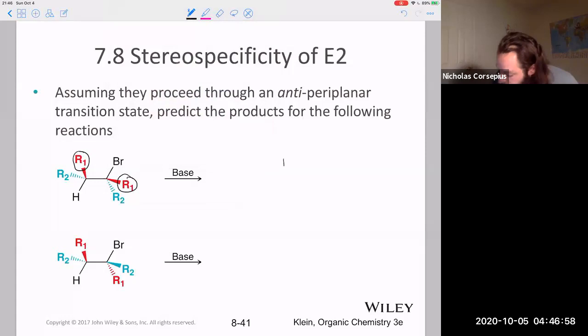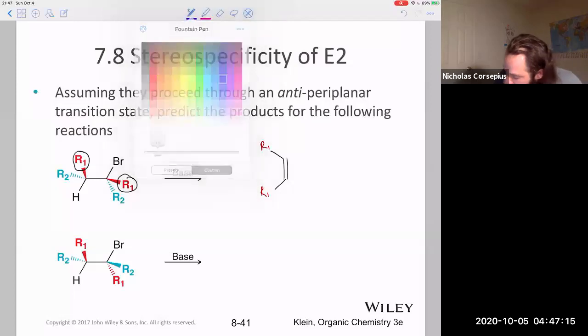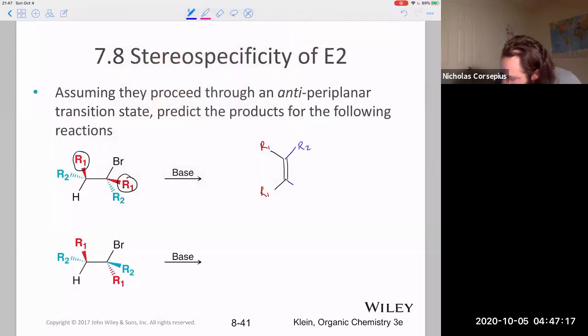So that means that they're going to be on the same side at the end, once that alkene is formed. Likewise, R2 and R2 are both pointed into the board.